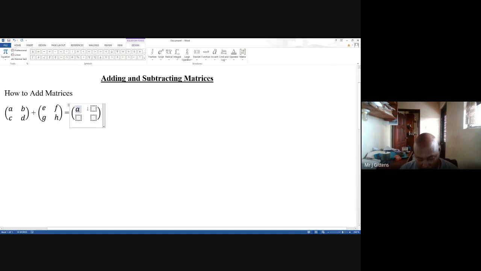So you add A plus E. B and F are both on the top right hand side, so you add B plus F. C and G are at the bottom left hand side, C plus G. Finally, D and H are both on the bottom right hand side, so you add D plus H.